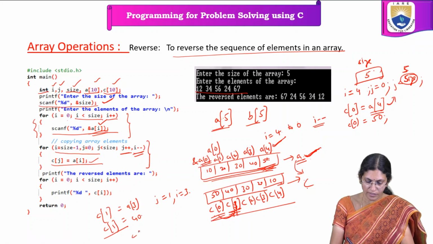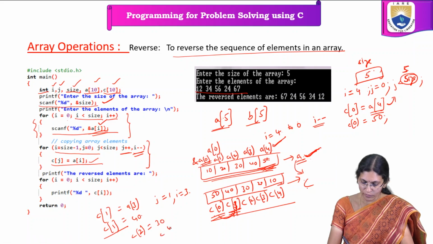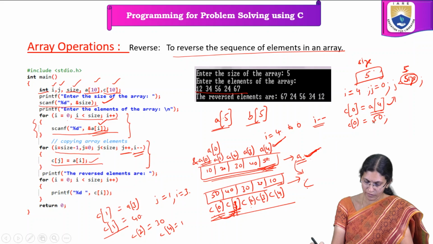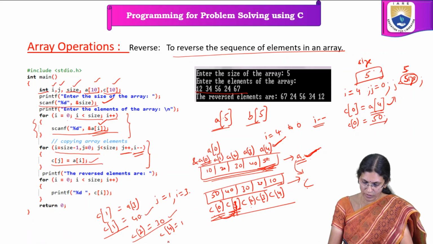So next, similarly, C of 2 will be equal to 30. C of 0 is 50, C of 1 is 40, C of 2 is equal to 30.